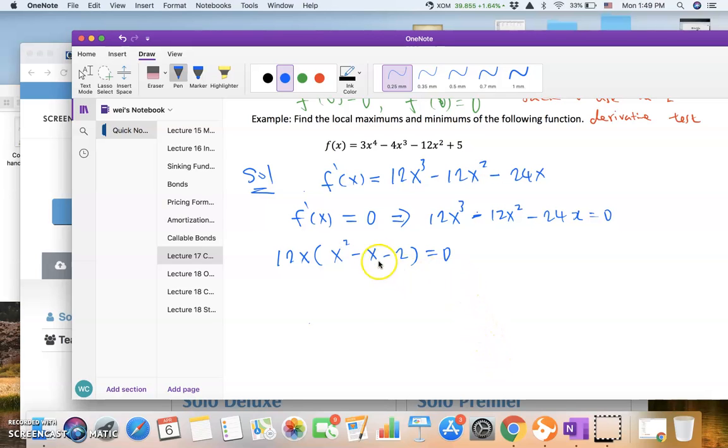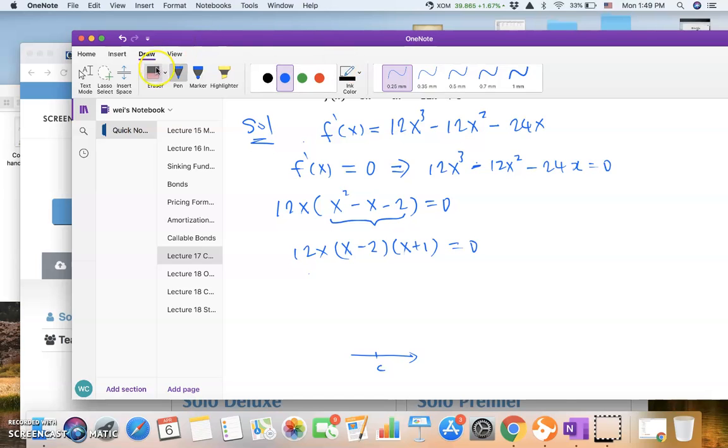So we have 12x times x squared minus x minus 2 equals 0. And we can also factor this trinomial into x minus 2 times x plus 1. So there are three solutions.